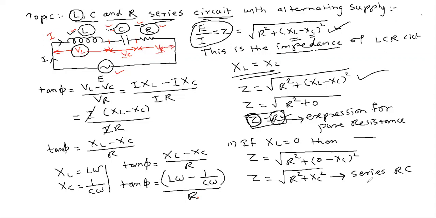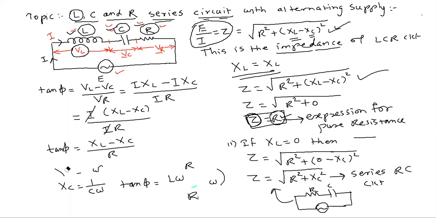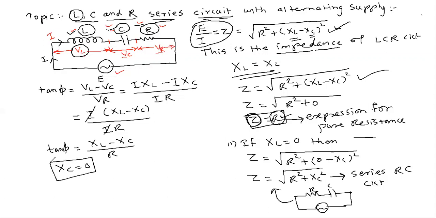That means if you take the resistance and capacitor and apply the alternating source, that is R and C, you will get the impedance equal to square root of R square plus XC square. And if you put the value XC equal to 0, what does XC equal to 0 mean?